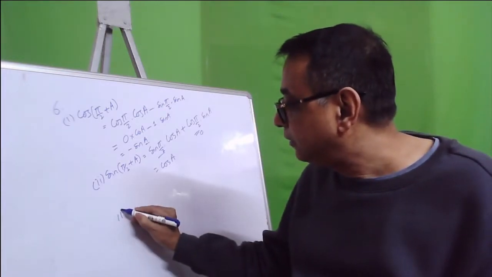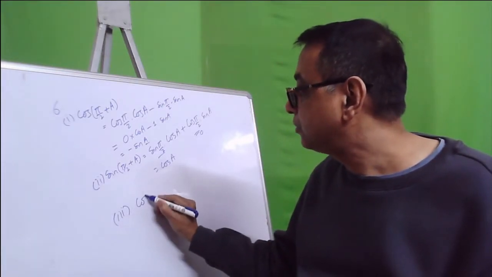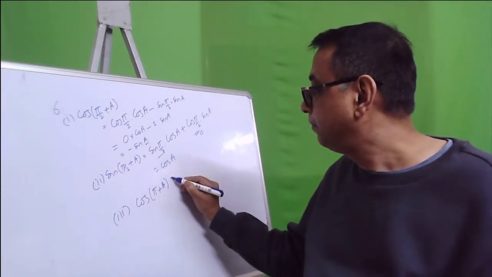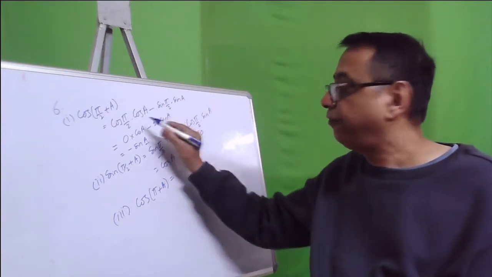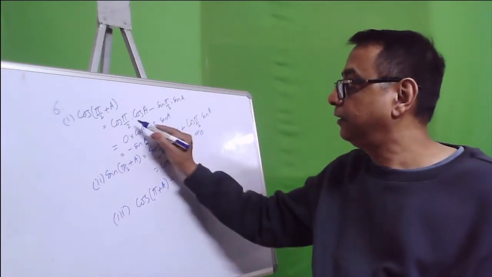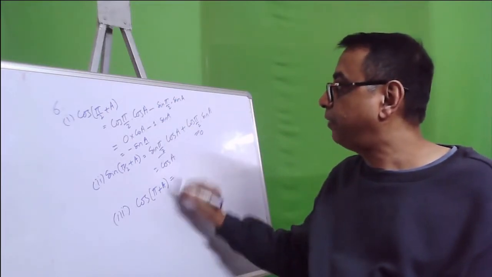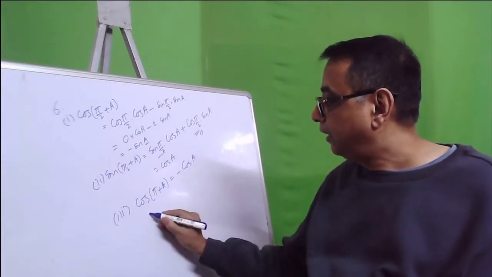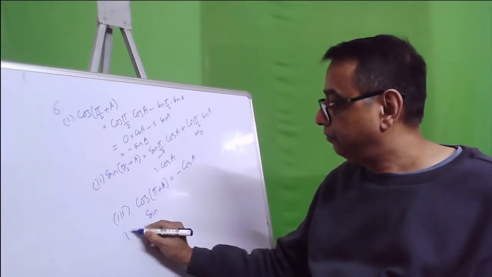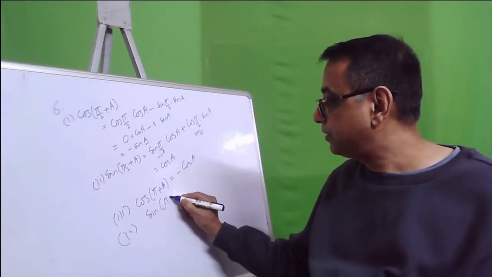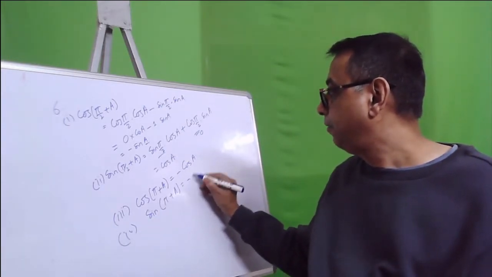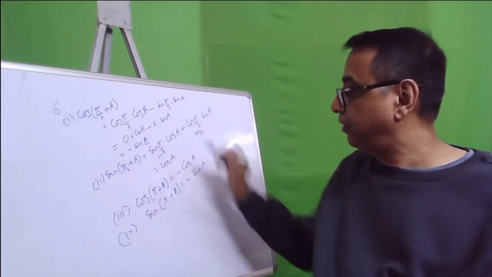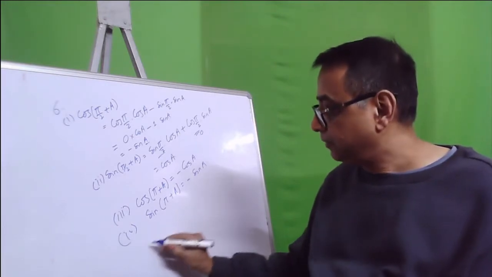Then third will be cos(π + A). If we put the values of π, you will see it will come to −cos A. Similarly, number 4, sin(π + A), will be −sin A. Just put these values like this, and it will come to this.